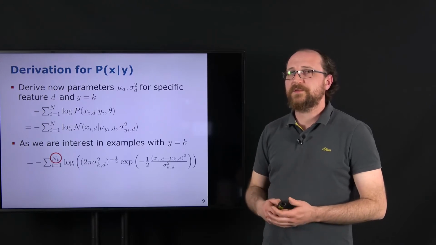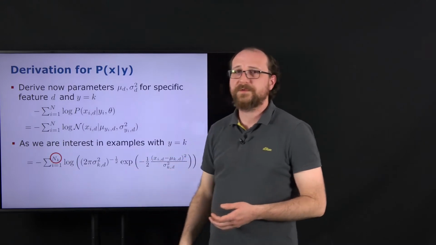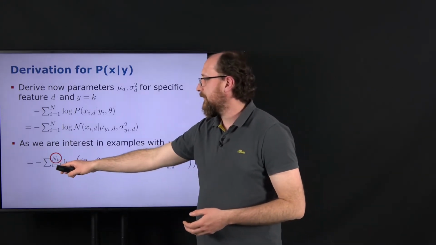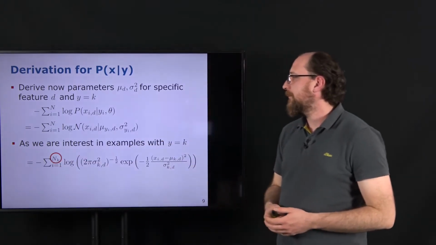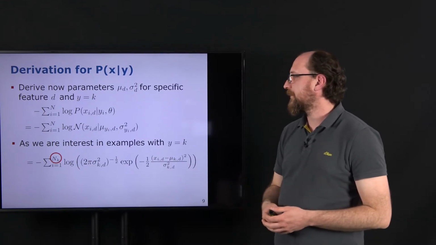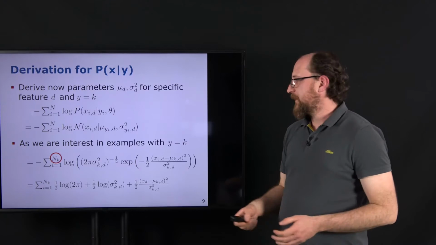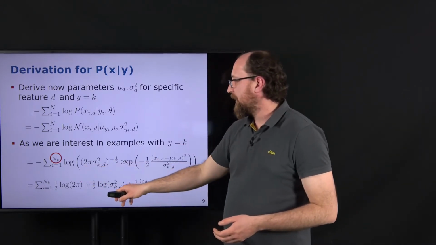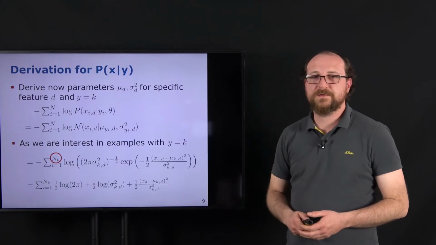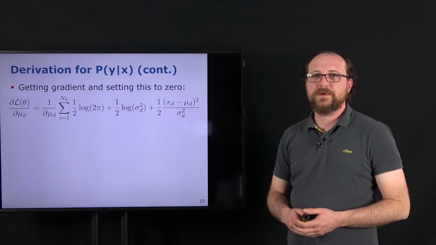And by using this, we are now replacing here the n that goes over all examples with just the number of examples that have the class k. So this is denoted by n sub k. And then we just plug in the normal distribution equation, and then, yeah, we just push in the logarithm again. And then by using this, we are getting these terms out, and this is then used to derive the gradient.